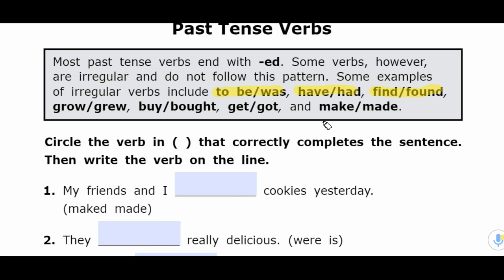Or I make, okay? Make would be made, or I get it, or okay, got, or buy, no, it's bought, sorry. Grow is grew. Okay, those are what they call irregular verbs. They don't follow the pattern of just adding ed to it.